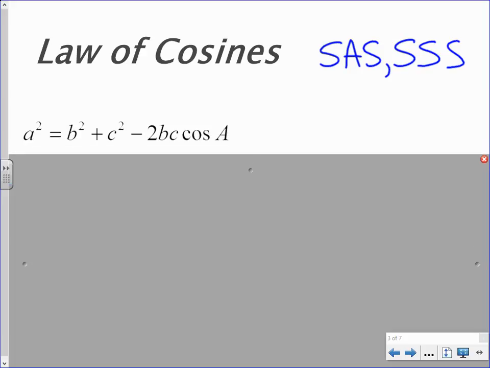Go ahead and write down this formula right here. We have a squared equals b squared plus c squared minus 2bc cosine A. What I want you to notice is that we have our three sides represented.